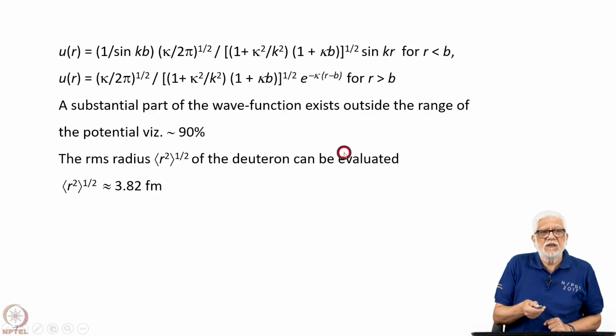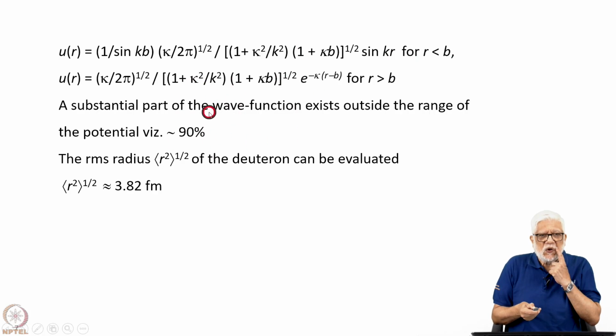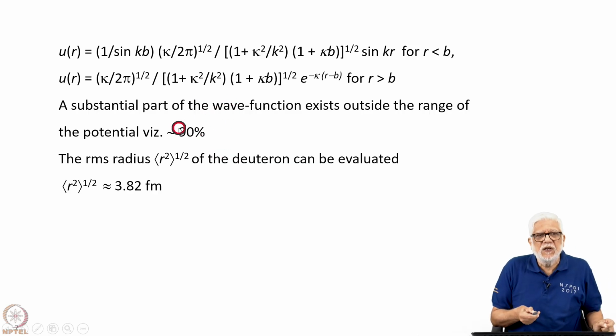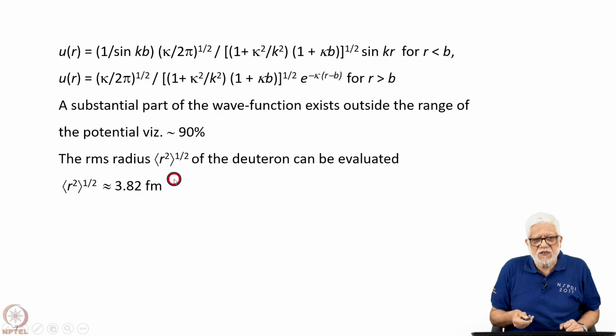So these are the radial wave functions for r less than b and for r greater than b. Now a substantial part of the wave function exists outside of the potential, and of course to some extent that depends on what value of b you take, but for reasonable values of b, which we have listed there, 1.42 Fermi, the RMS radius of the deuteron can be calculated with just the expectation value of r squared, and that turns out to be about 3.8 Fermi, which is fairly large compared to the size of the nucleons.